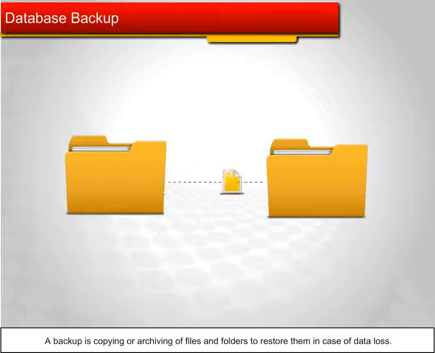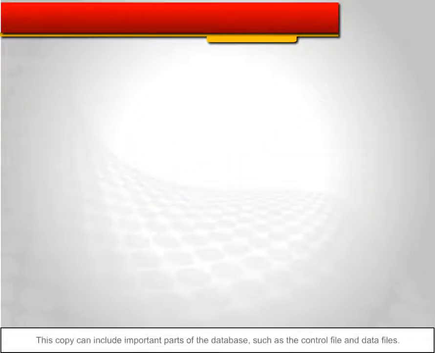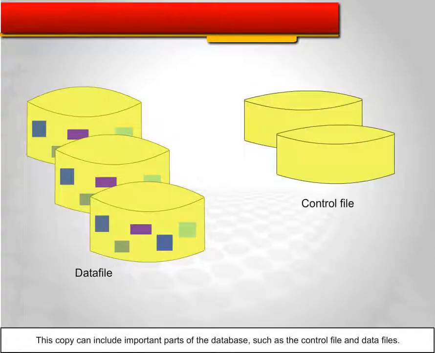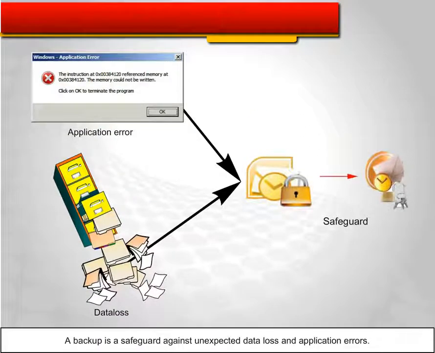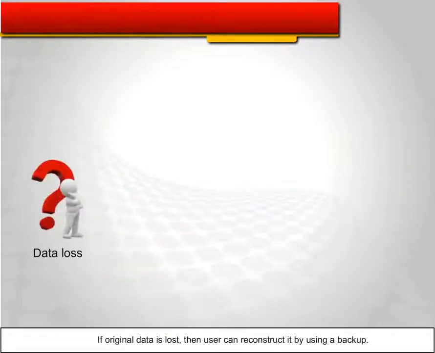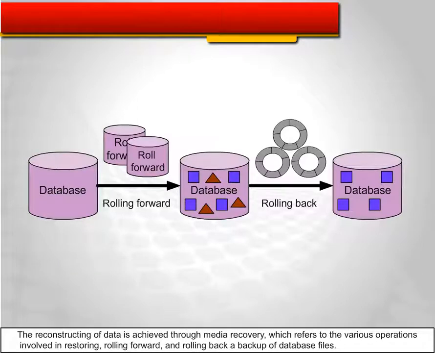A backup is copying or archiving of files and folders to restore them in case of data loss. A backup is also known as a copy of the data. This copy can include important parts of the database such as the control file and data files.